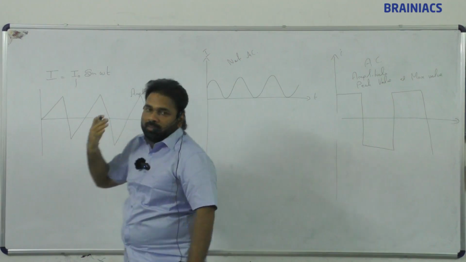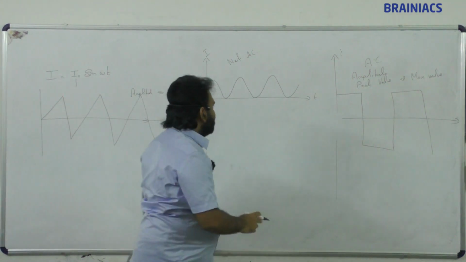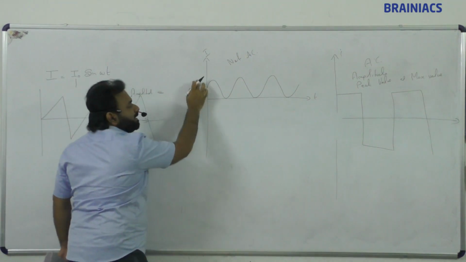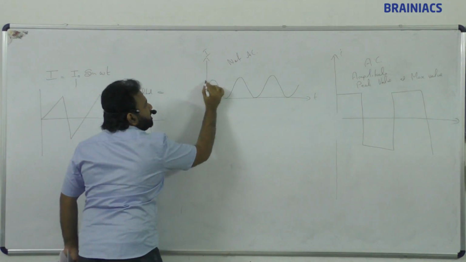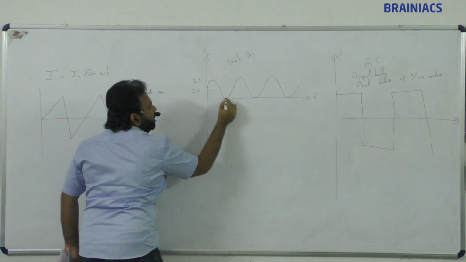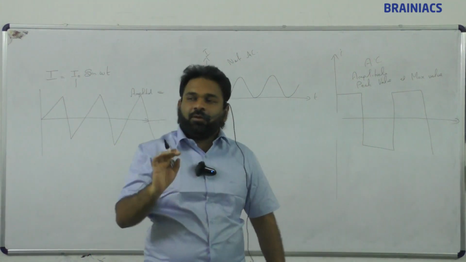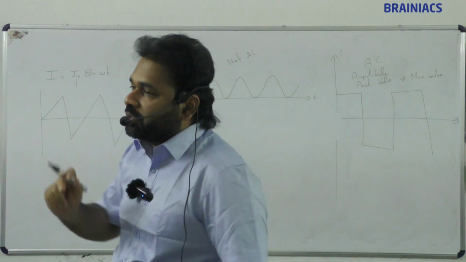The thing is, the direction is not changing. Direction is not changing means the value of current is increasing and decreasing. Suppose I say this is 3 ampere, 2 ampere, this is 0 ampere. Positive current only. The value of current is increasing and decreasing, but the direction is not changing.